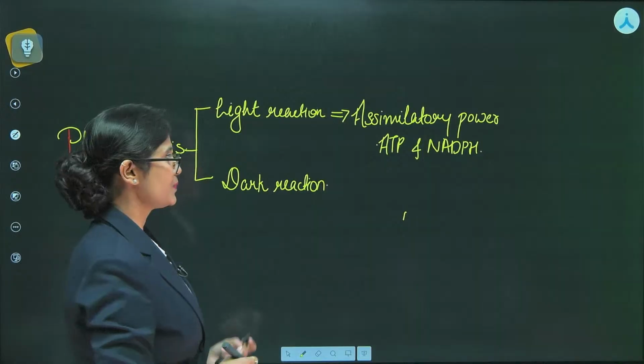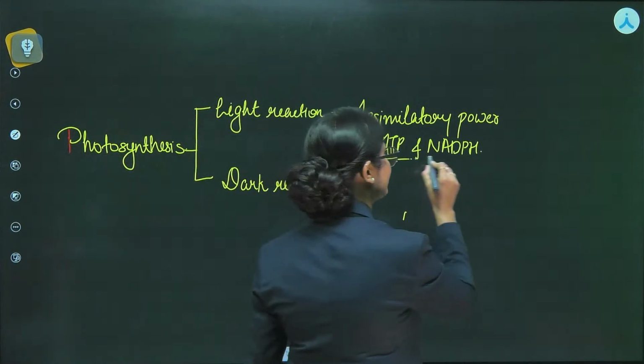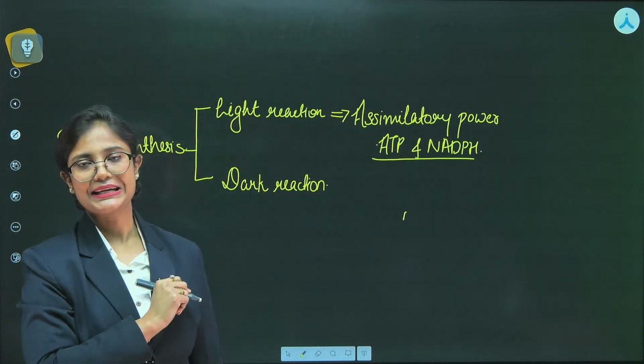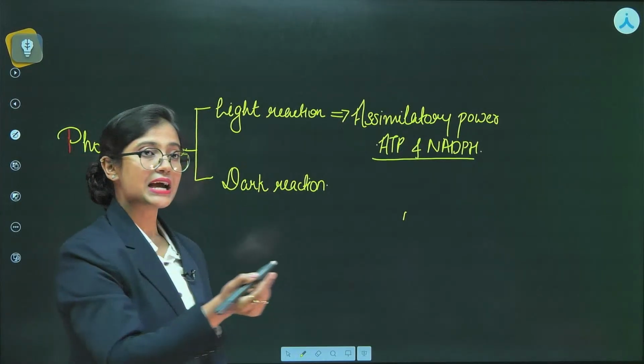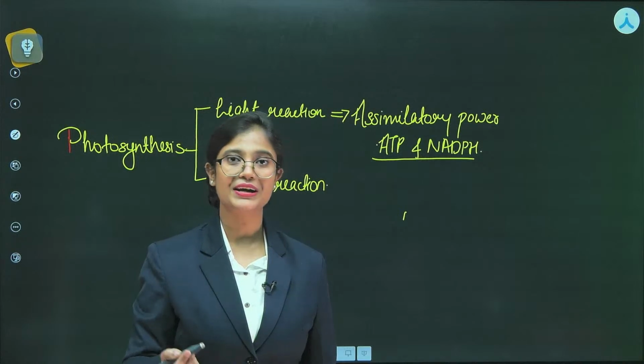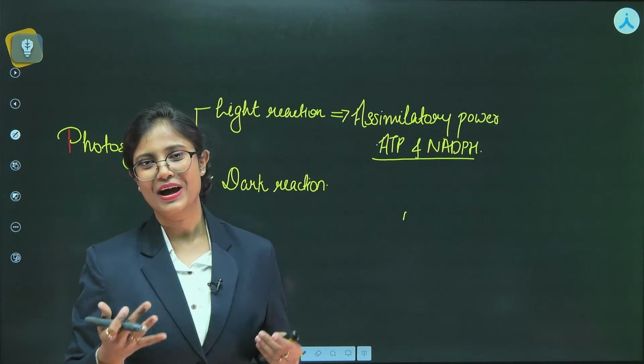How? Let's see. So in dark reaction, we are going to utilize the assimilatory power formed in the light reaction, those are ATP and NADPH. Now plants have to assimilate the carbon dioxide from the atmosphere and utilize it for the formation of carbohydrates.